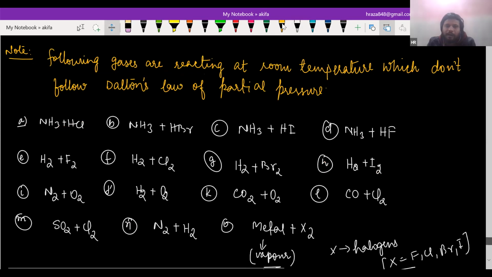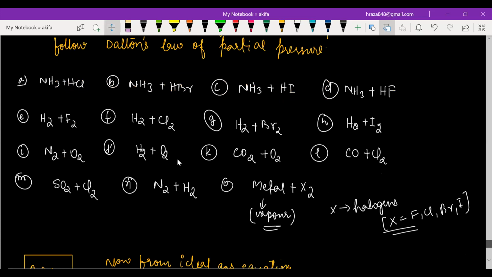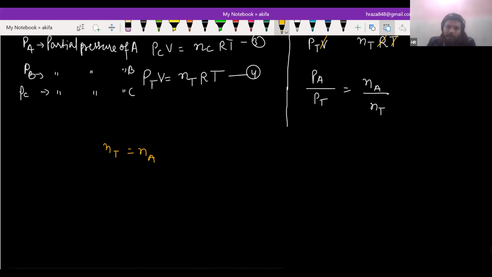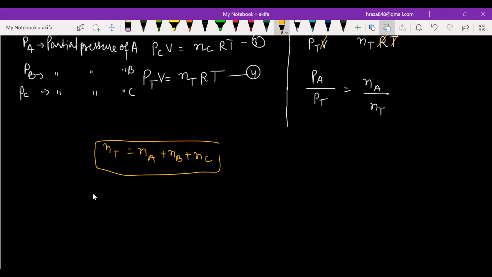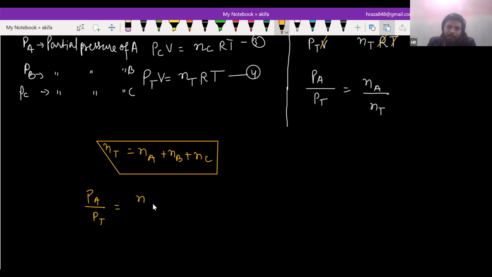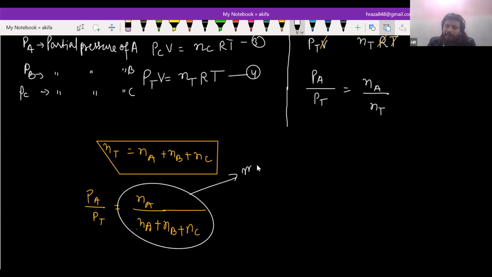NT is basically number of moles of A plus number of moles of B plus number of moles of C. So PA upon PT will be equal to number of moles of A upon number of moles of A plus number of moles of B plus number of moles of C. And this is basically mole fraction of A.